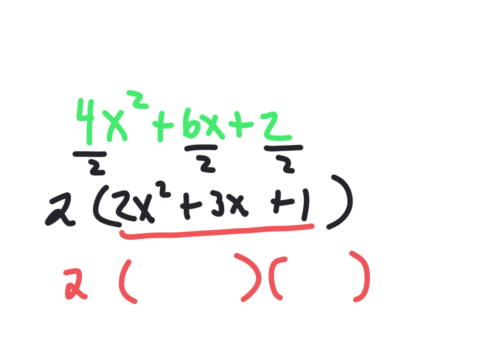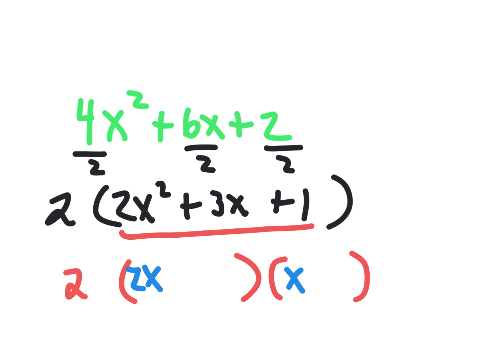The x start with both. X and x, but that wouldn't make 2x squared. 2x and x. That would make 2x squared. Now the signs.